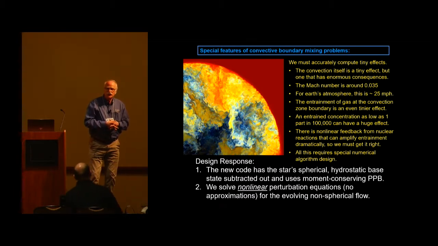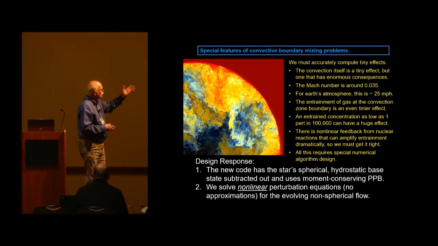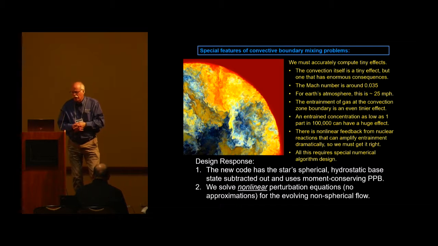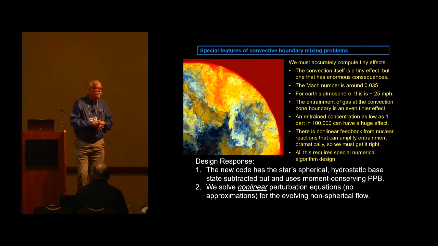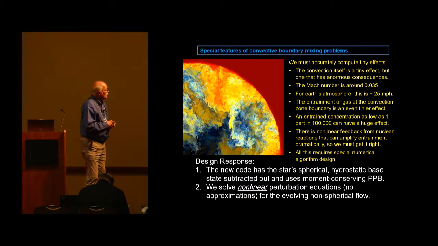And according to theory and a typical one-dimensional model for stellar evolution, none of that fluid would ever get incorporated into the convection zone. And this is just showing that indeed it does get incorporated. And we've been looking at phenomena that depend upon precisely how that happens.